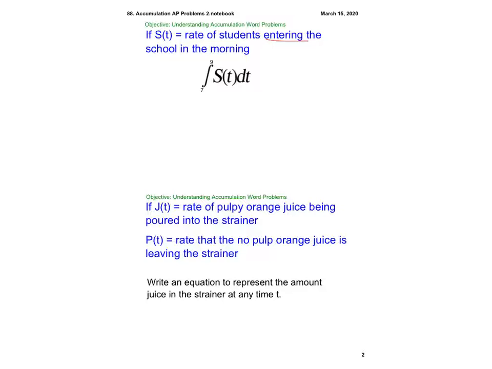If J of t is the rate of pulpy orange juice being poured into a strainer, and P of t is the rate that the no pulp orange juice is leaving the strainer, write an equation to represent the amount of juice in the strainer. I use T a lot for total. So big T of t equals, now we don't have an initial amount, I'm starting with 0 juice, the integral from 0 to t of in versus out.